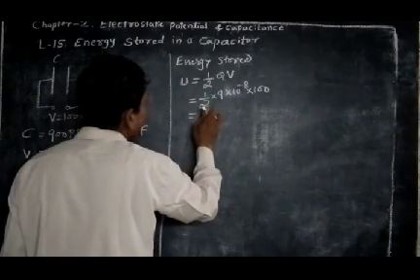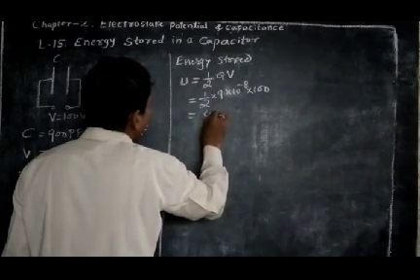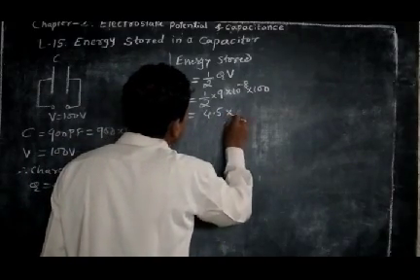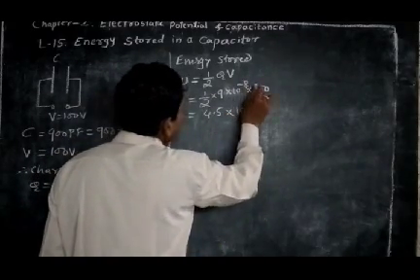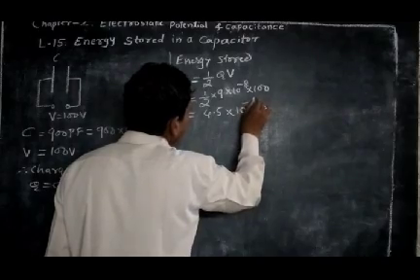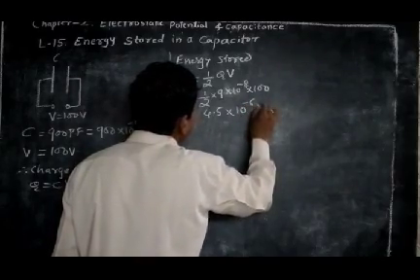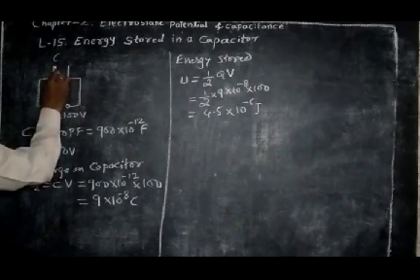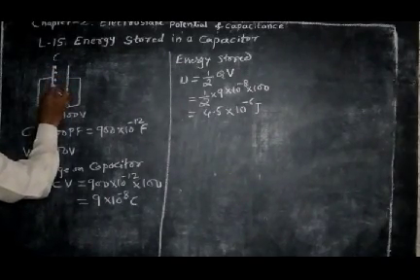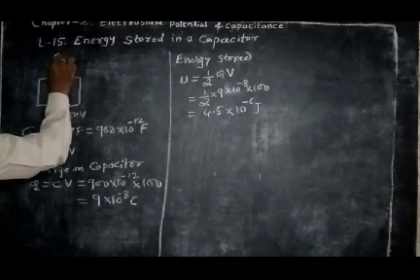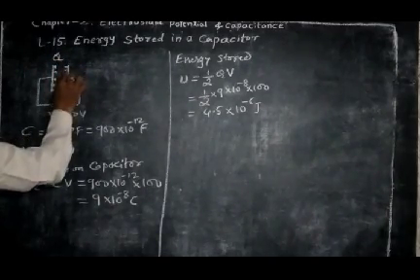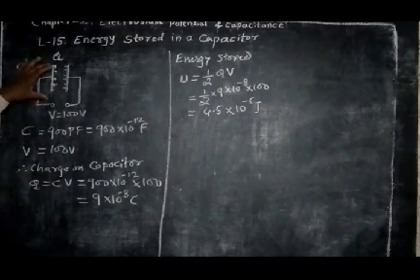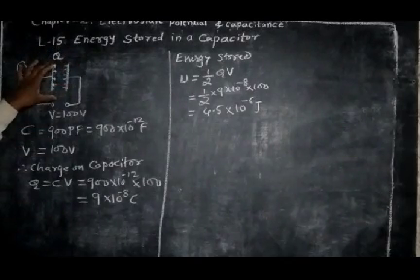That is equal to 4.5 into 10 raised to minus 8 into 10 raised to plus 2, that is 4.5 into 10 raised to minus 6 joules of energy stored in this capacitor. This is the first case.